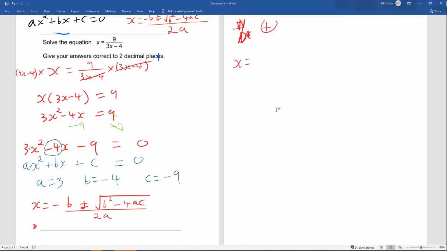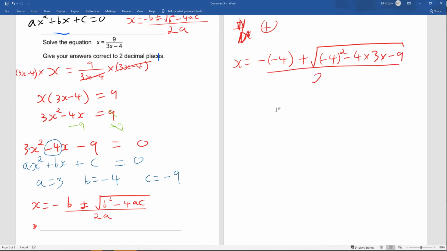X equals minus b. So in this case, that's going to be minus 4, plus the square root of b squared. So here that's minus 4 all squared, take away 4 times a is 3, times c is minus 9, all over 2 times a, so 2 times 3.